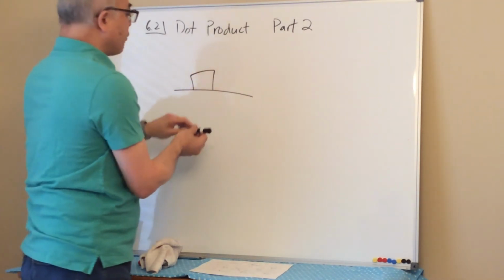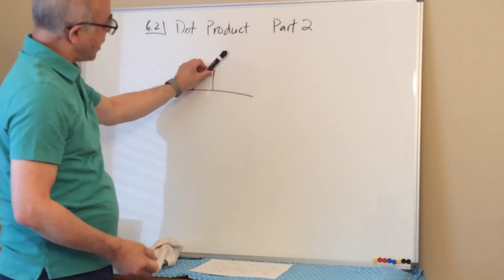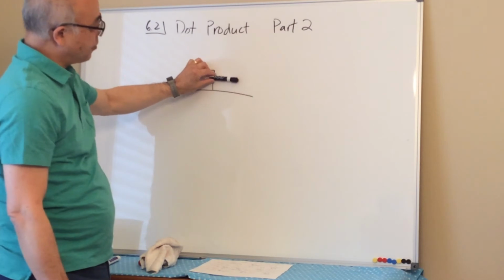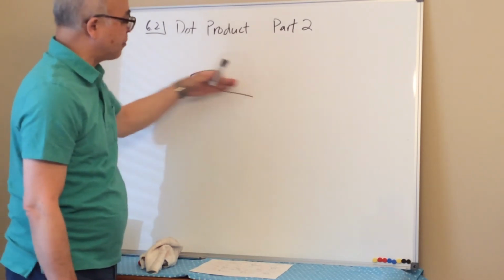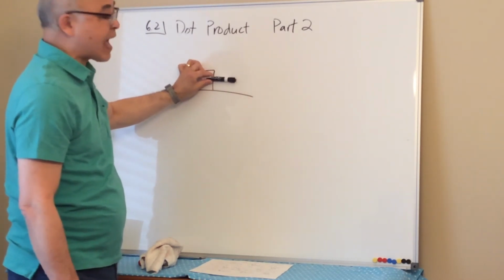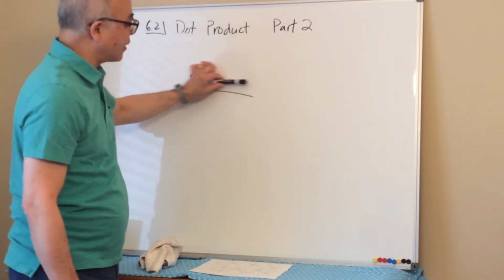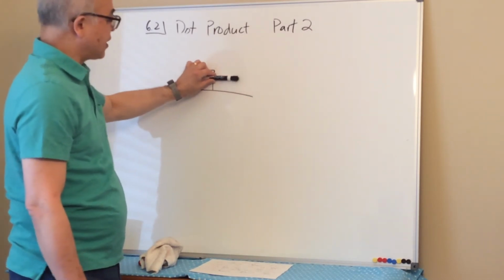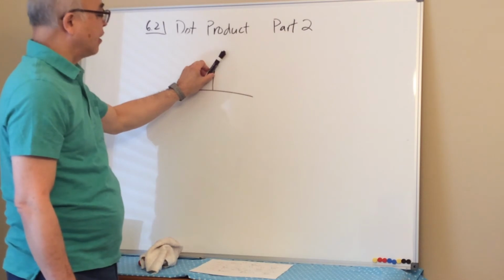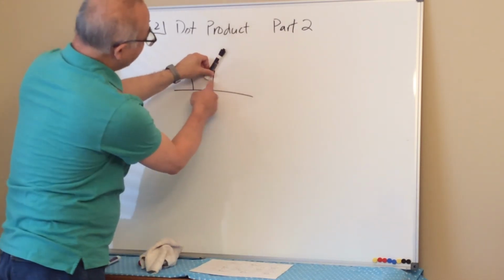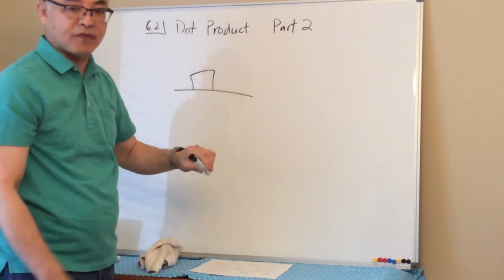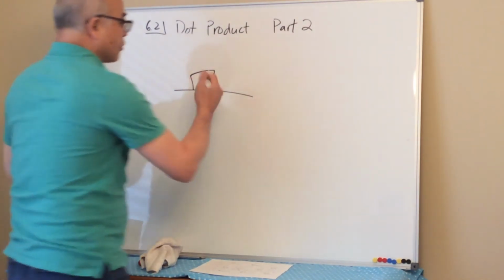Do I want to pull it this way, or this way? I want to pull it exactly parallel to where I want to go, right? Because if I pull it this way, only this amount of the work is actually doing something for me.